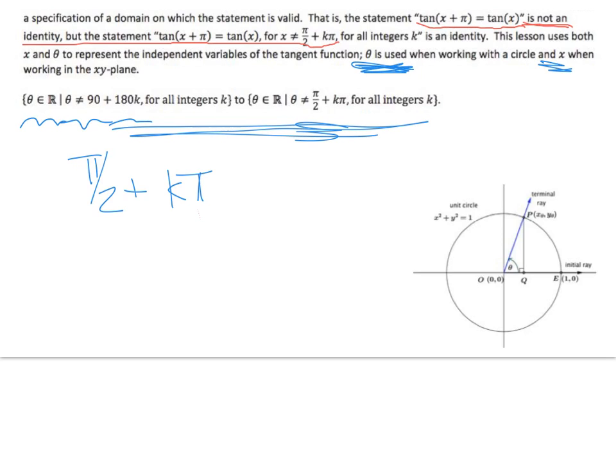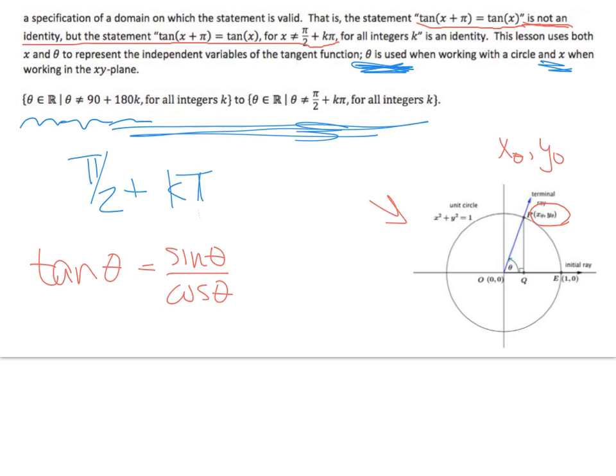Let's try something else and look at this unit circle for a second. If I say that tan theta equals sine theta over cosine theta, looking at the unit circle, this point says x theta, y theta.